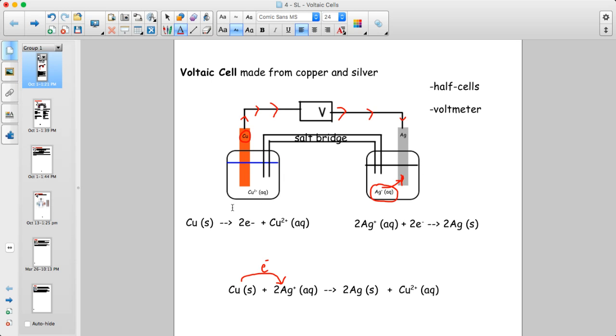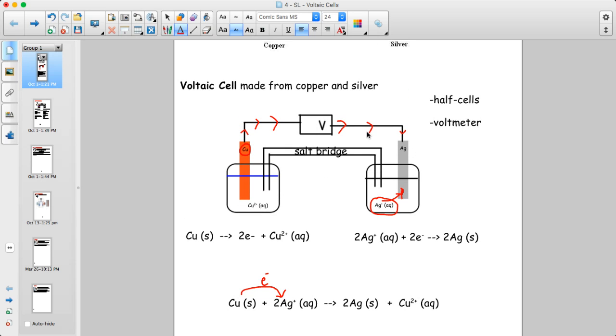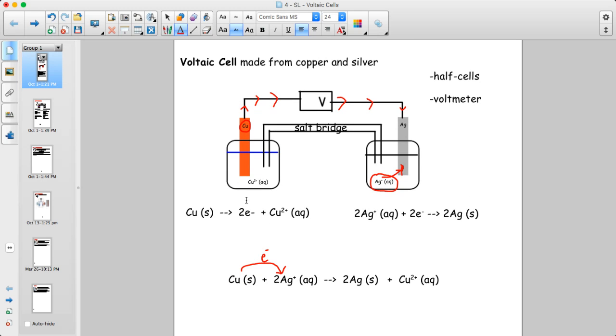Now, if we think back to how we're going to label these electrodes, first off, we can do anode and cathode. The copper is losing electrons, and so that means this is the oxidation half equation. And I know that from my mnemonic, An Ox goes together. So the copper electrode is going to be the anode.